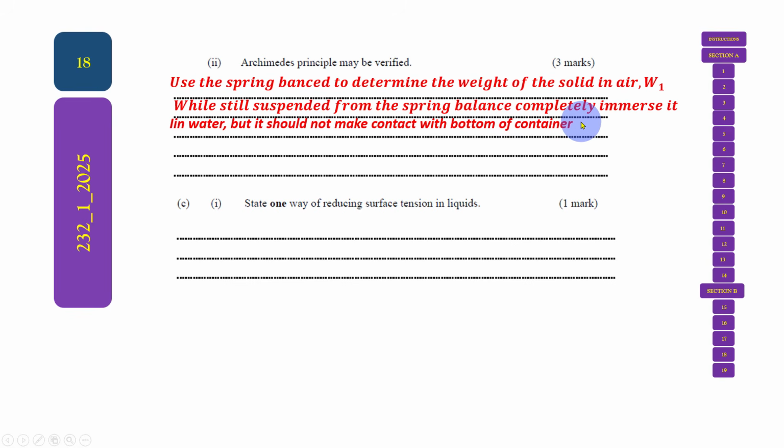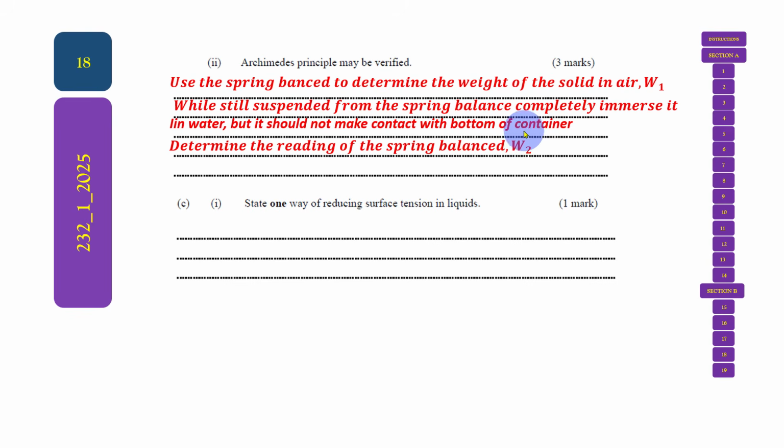So observe that one very carefully. Next, you should ensure that this solid does not touch the bottom of the container. Okay? And then determine the reading of the spring balance, W2. This is the weight of the solid when immersed in the liquid.